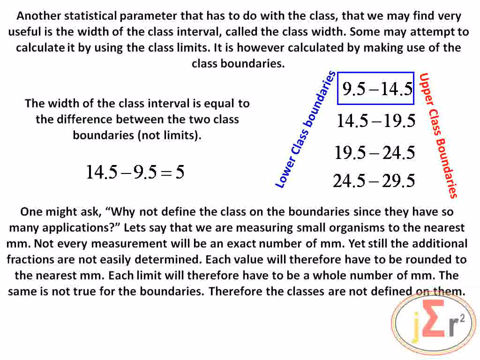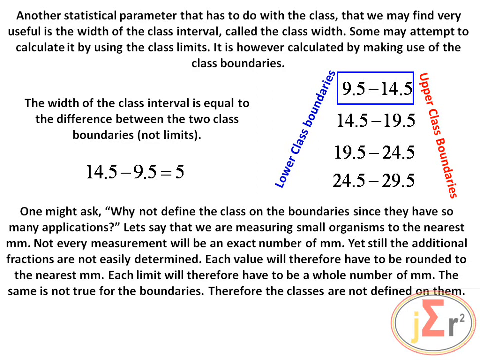So, if we are measuring the length of some small organisms to the nearest millimeter, when we put our ruler down, sometimes we might get a little bit over, sometimes somewhat beyond half, sometimes a little less than half of a millimeter. Right. What we do in these particular cases, we will just round off to the nearest millimeter.